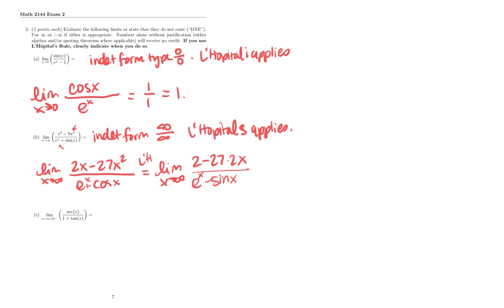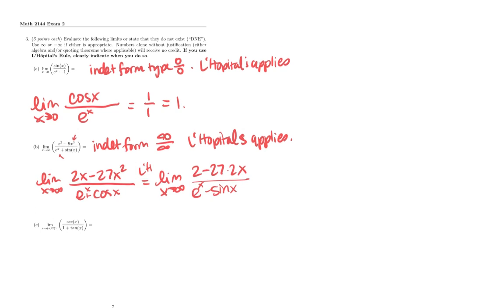And then, again, I have the same issue that as x goes to infinity, the numerator and denominator are both going to infinity. So I'm going to apply L'Hopital's again, and I get the limit as x goes to infinity of negative 27 times 2 over e to the x minus cosine of x.